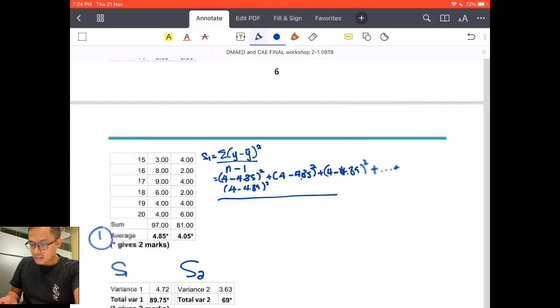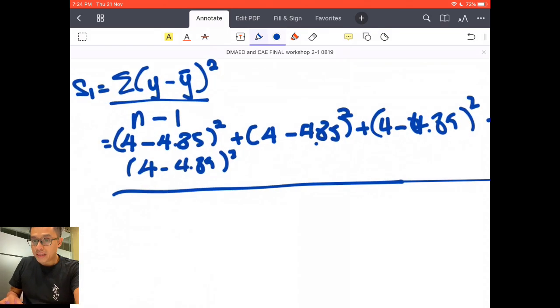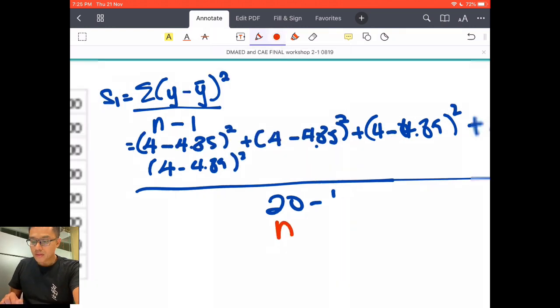All of this is divided by 20 minus 1, because 20 is our sample number.